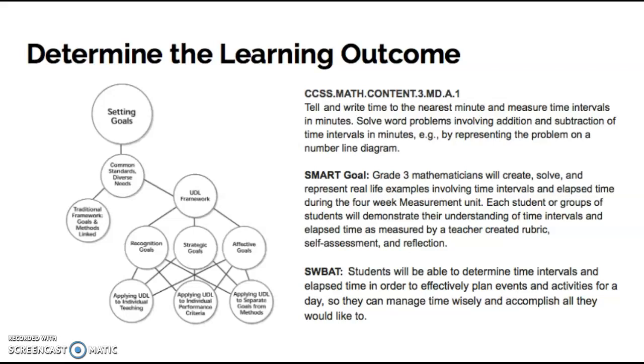Once I identified the Common Core learning standard that I was going to focus on for my experience, then I was able to start asking myself what content, knowledge, and skills are at the center of this standard. So it had me thinking about what they might have previously learned, what else they've learned in 3rd grade, and everything that's connected to that.